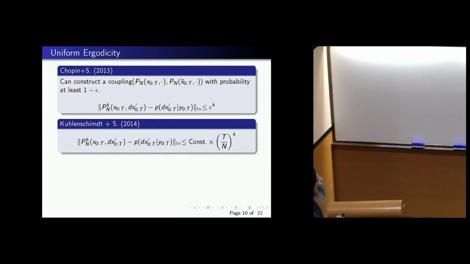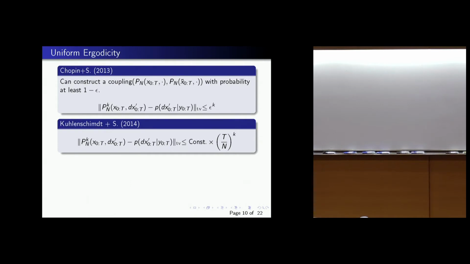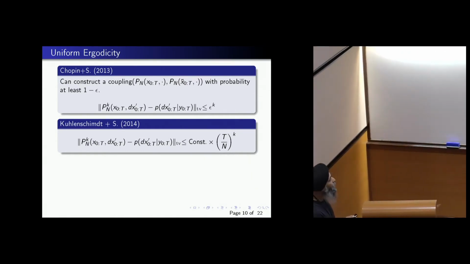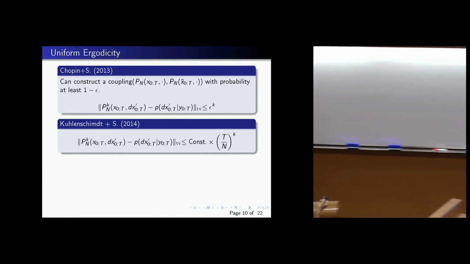Indeed, you can use those techniques, a very similar construction to the analysis of particle methods, to prove uniform ergodicity of the conditional particle filter, with a time-independent constant and a rate of contraction that grows like capital T over little n to the power k.